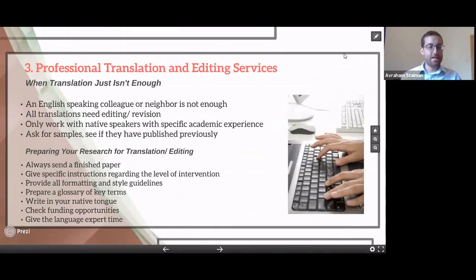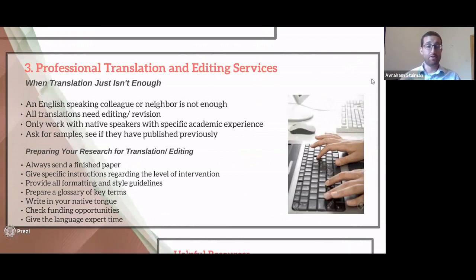Okay, the next key out of the 5 keys, the third key to success in academic publishing, especially for scholars for whom English is not a native language, is how to go about the process of professional translation and editing services.